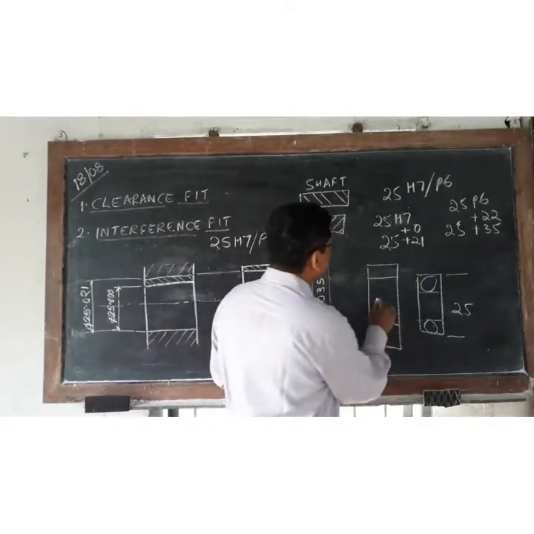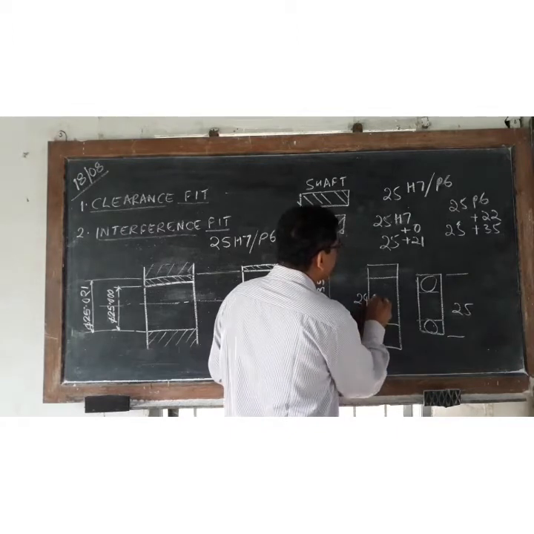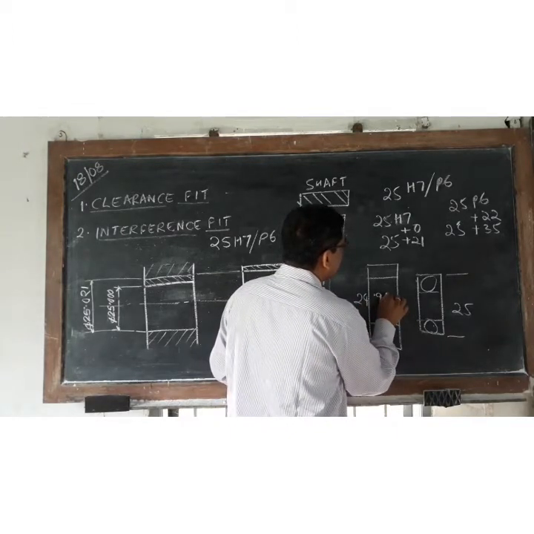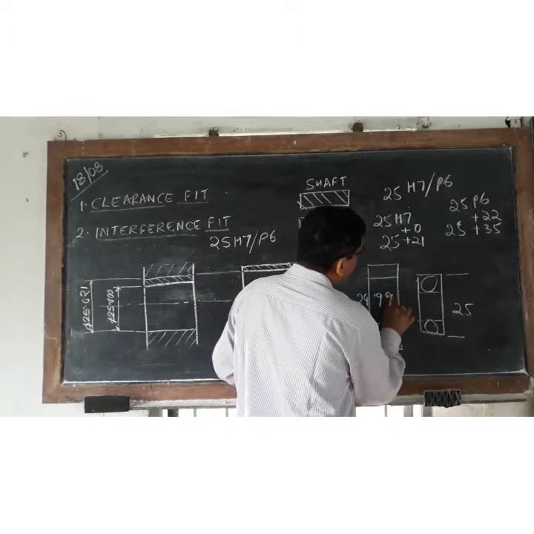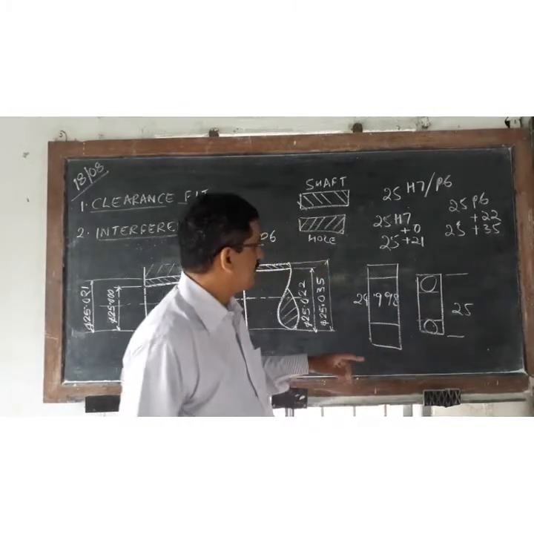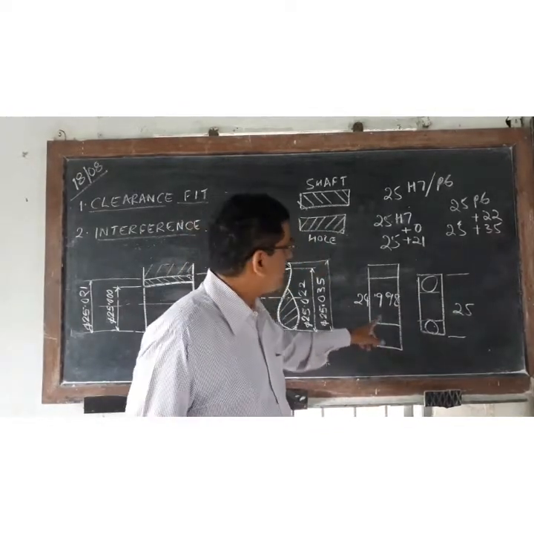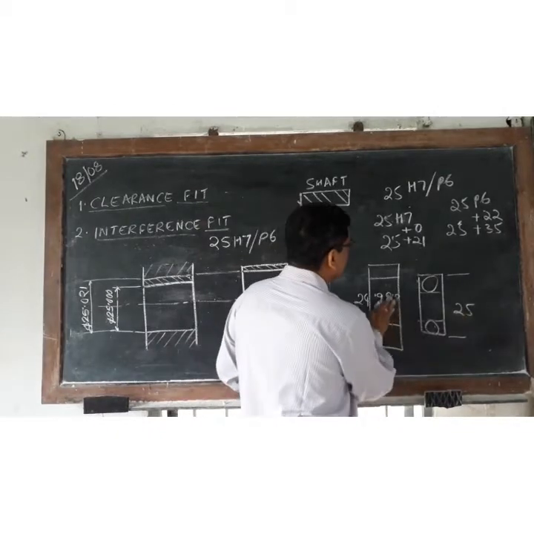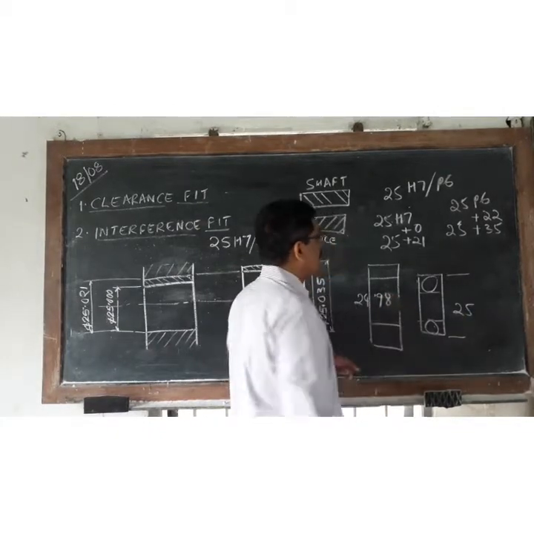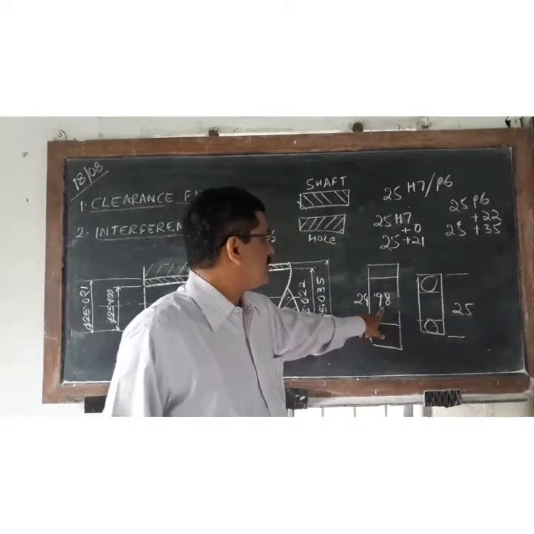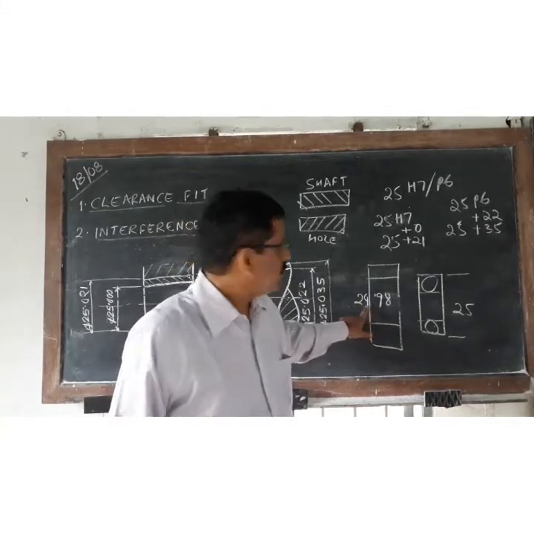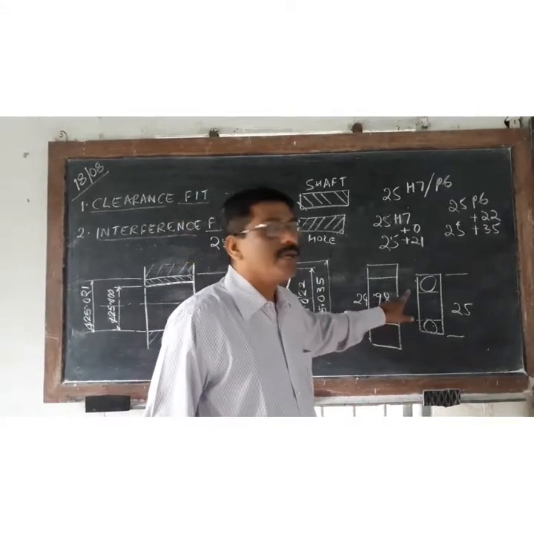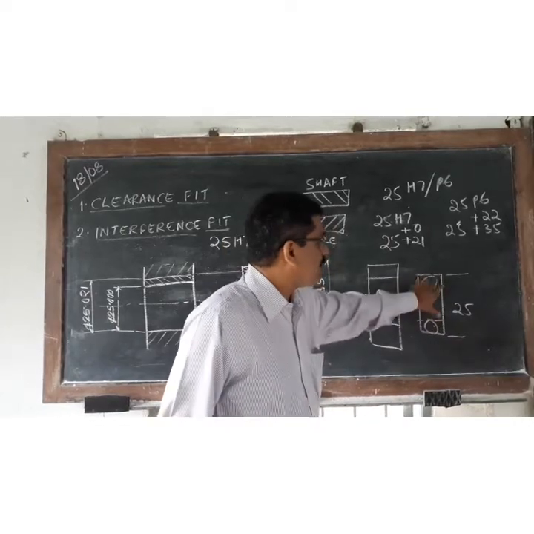So what you have to do? You have to maintain 24.98, that is 0.02 less. So 24.98 minus 25. At that time if you put it, the 25 bearing goes in tight.